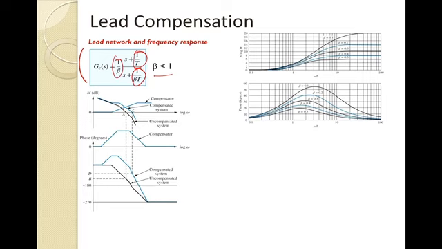So in terms of our uncompensated system that we may have here in black, as we put in a lead compensator, unlike the lag that would go down, the lead compensator has a lower break frequency here, it then goes up, and then it goes like that, and then the compensated system you can see here fixed in blue.